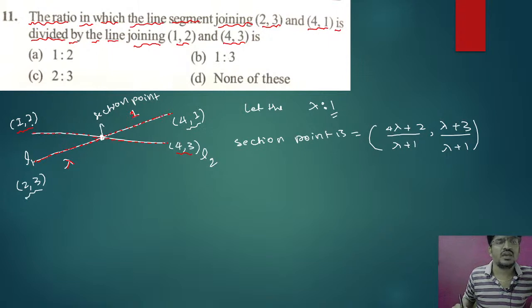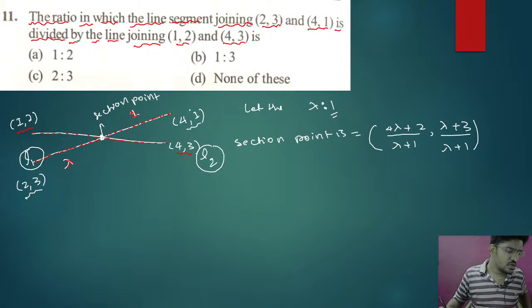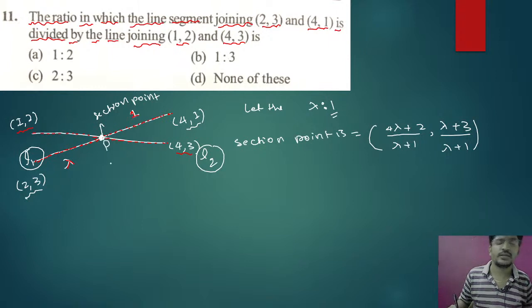L2 is joining 1 comma 2 and 4 comma 3. Now both are intersecting each other at some point P. Now they are asking the ratio in which the line L2 is dividing L1. This ratio they are asking.